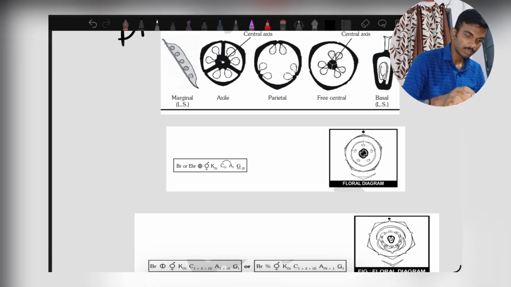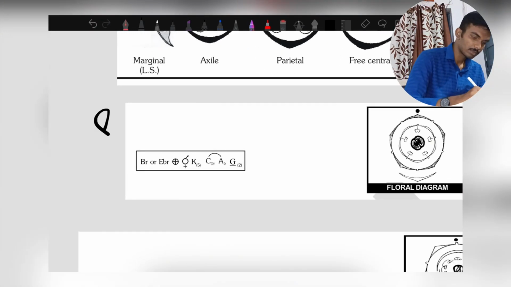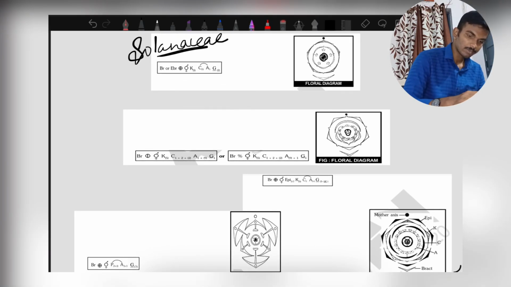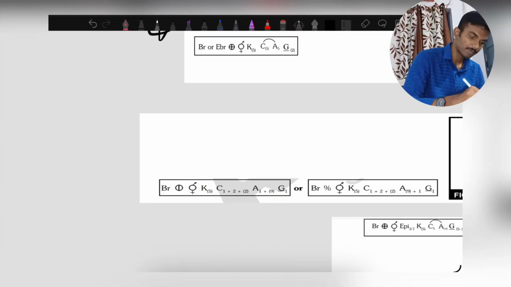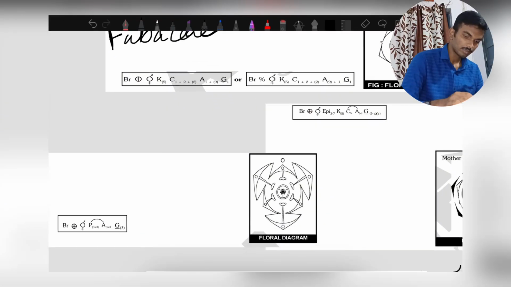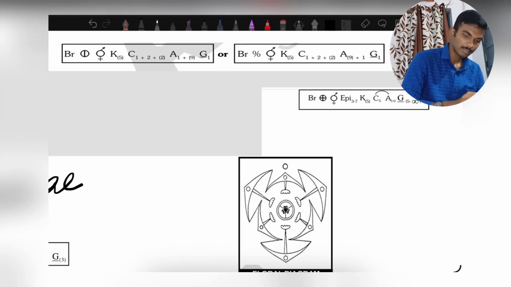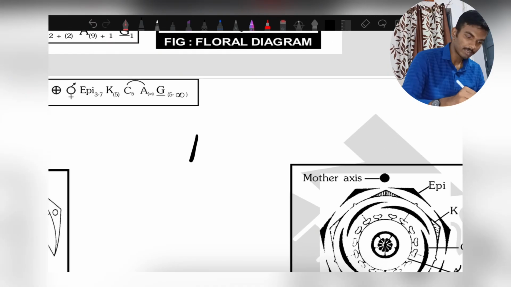This is Solanaceae. This is Fabaceae. This is Liliaceae. This is Malvaceae.